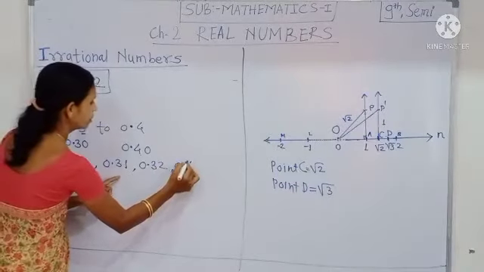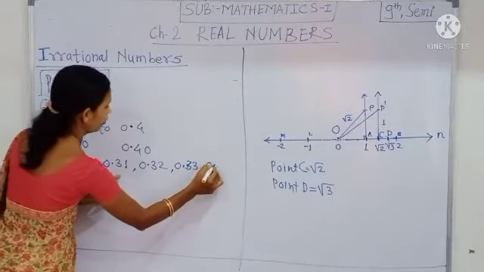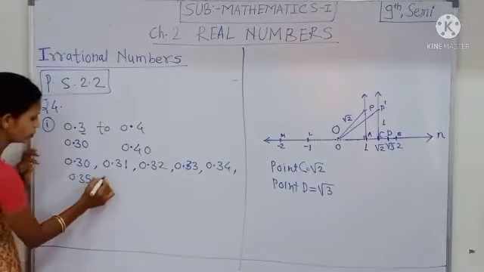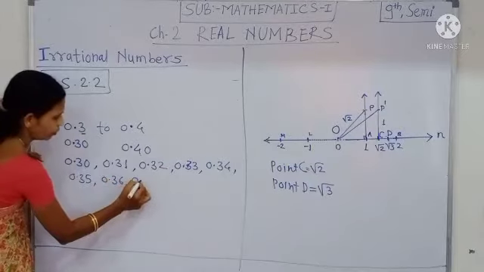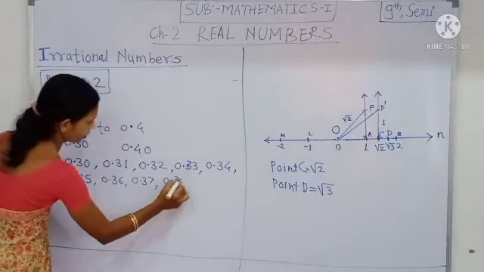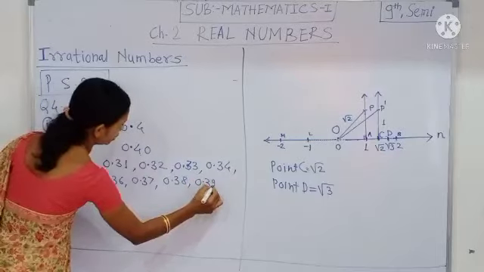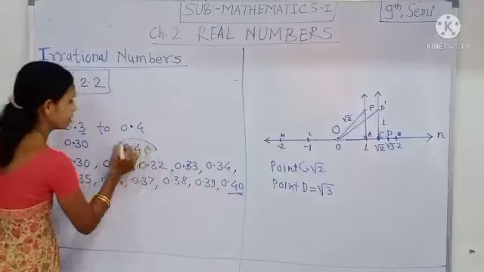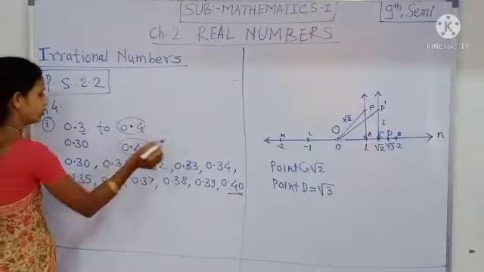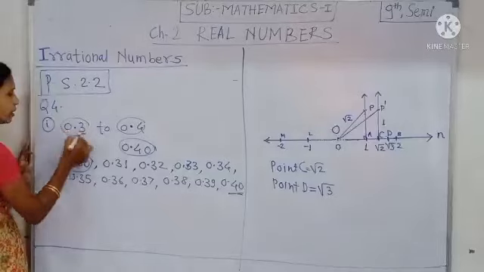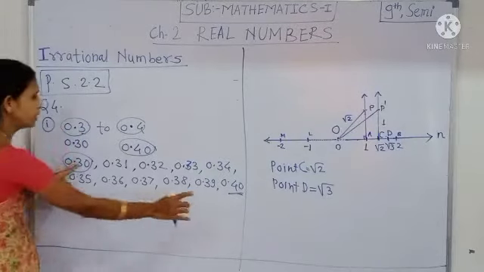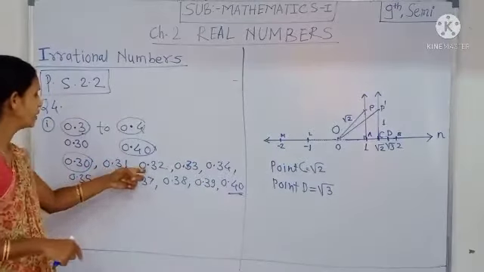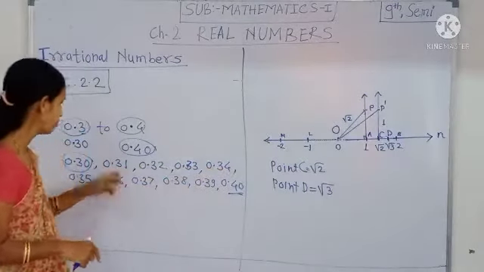Therefore 0.33, 0.34, 0.35, 0.36, 0.37, 0.38, 0.39, and 0.40. See here, that number 0.40 is 0.4, and 0.30 is 0.3. Between these 2 numbers, infinite numbers are there. Out of that, we have written a few rational numbers.